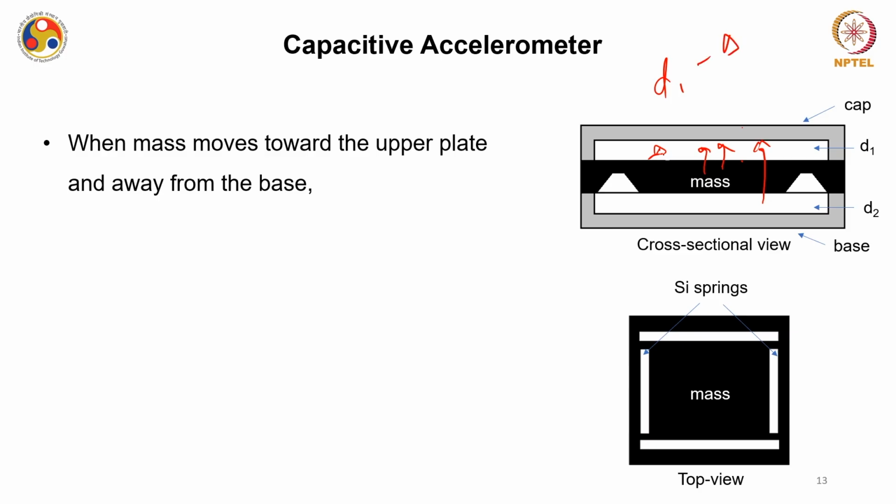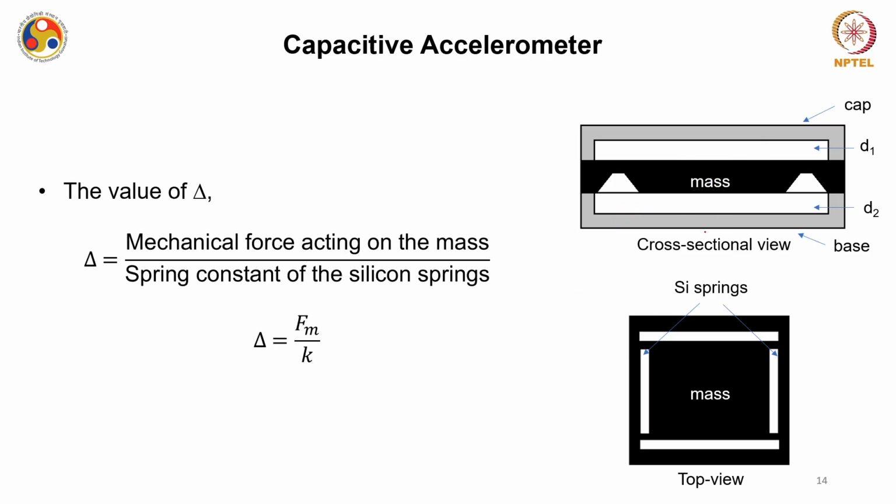Similarly, for the capacitor CMB, the gap between the base plate and the mass will increase, and the new distance is D2 plus delta. This will directly affect the two capacitances between the mass and the upper plate, and the mass and the base plate.